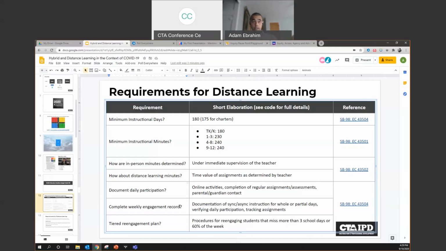You're all already stretched and exhausted. That could be office staff. That could be administrators. That need not just be you. Teachers are not responsible for all of the tiers in a tiered engagement plan. And districts and LEAs must be very clear about who's responsible for what and who is helping the classroom teacher when students are just not present.